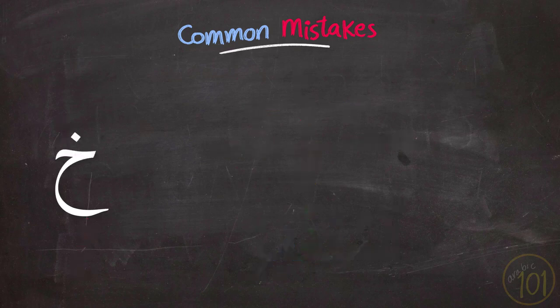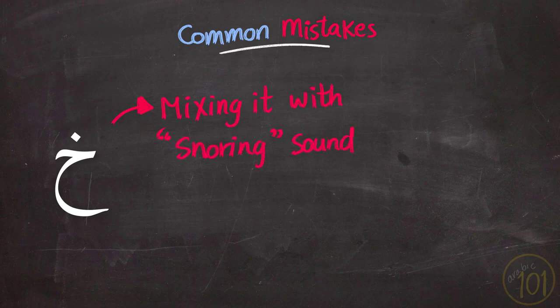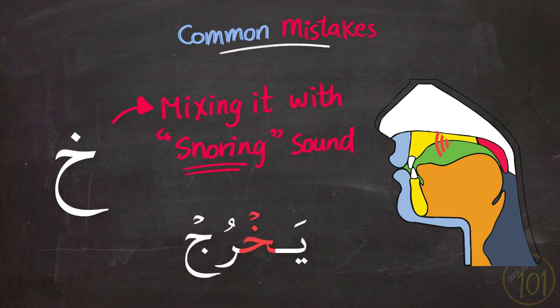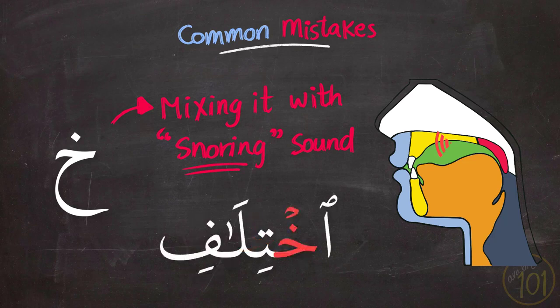Finally, there is just one mistake to be avoided with the kha, and that is mixing the sound of kha with kind of the sound of snoring. The snoring sound is produced at an area that is much closer to the opening of the mouth rather than the throat. And this mistake is caused by exaggerating the sound of kha way too much. And it sounds like this. يخرج, اختلاف.